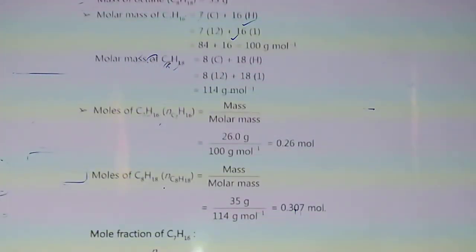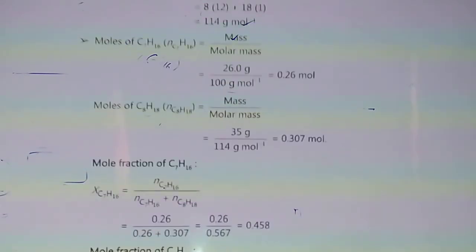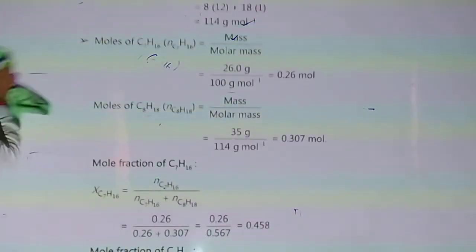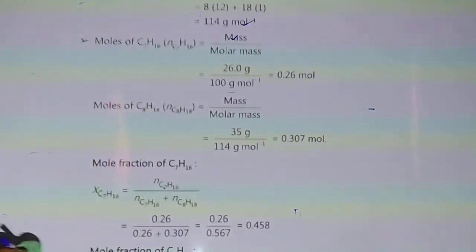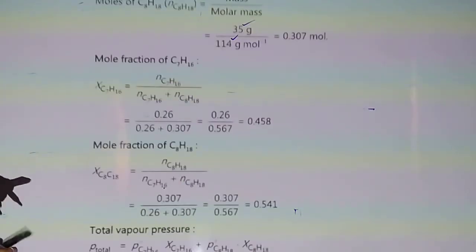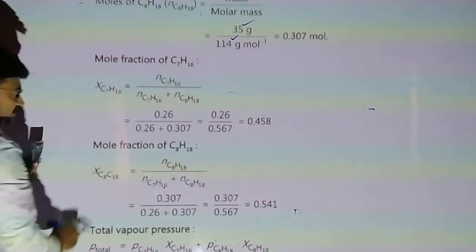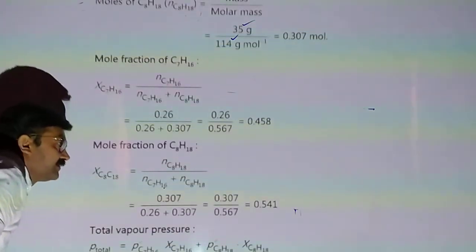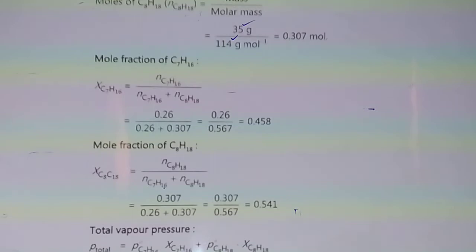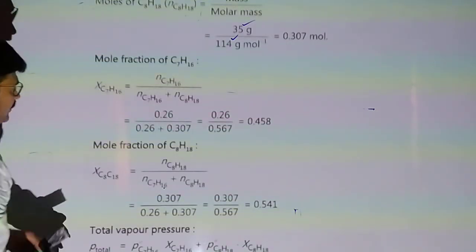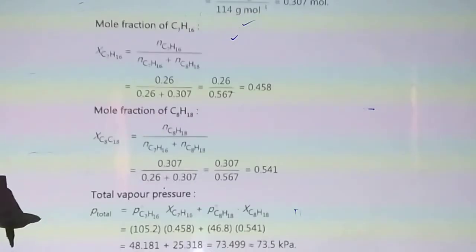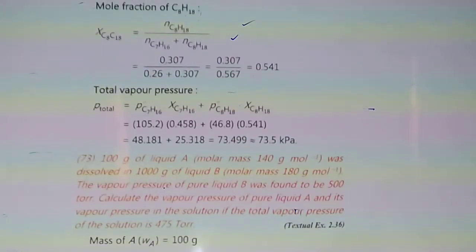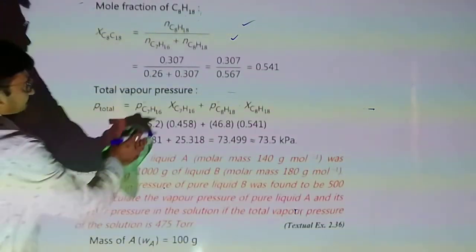Moles of octane, 35 by 114 is 0.307. Mole fraction of heptane is moles of heptane upon total moles, 0.26 divided by 0.567, which is 0.458. Now the mole fraction of octane is 0.541.